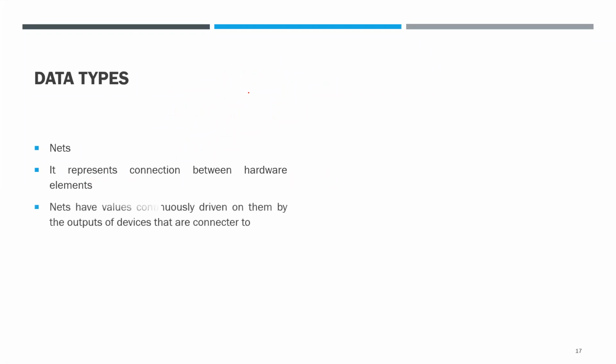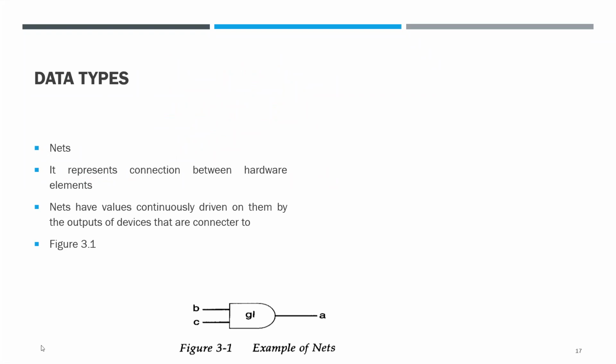Nets have values continuously driven on them by the outputs of the devices that are connected to them. Here in figure 3.1, we have B, C, and A, which are connected to this gate. These are the wires present here and how they are interconnected.